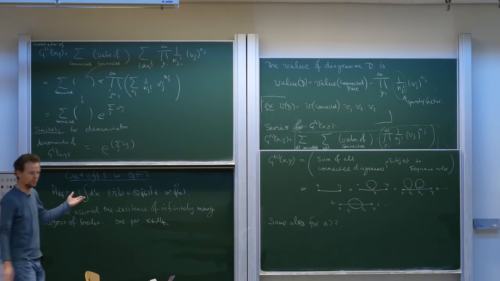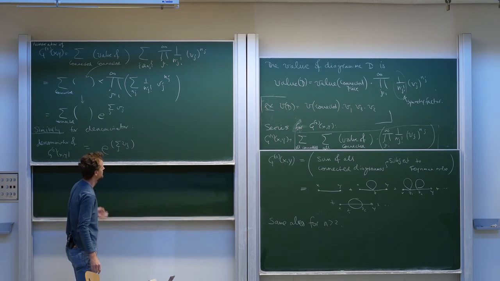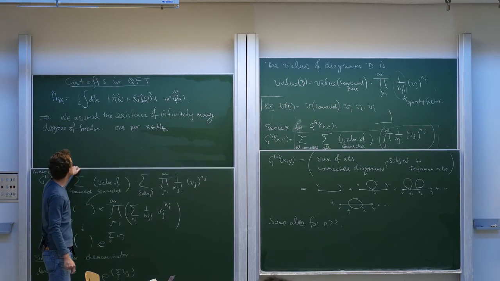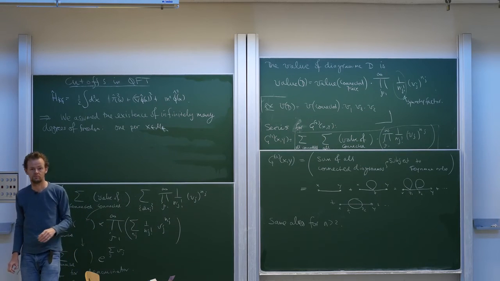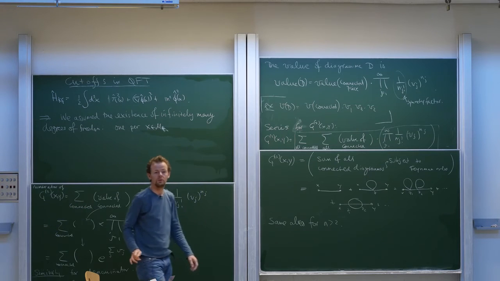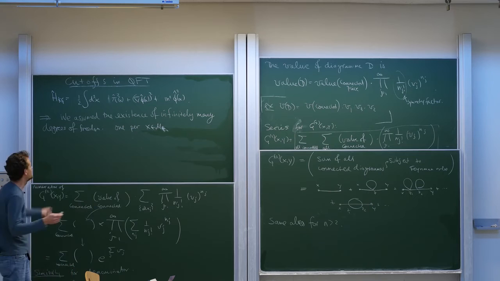Roughly speaking, we have a quantum degree of freedom per location in space-time. So the value of the quantum field is describing a quantum degree of freedom at every point in space-time.